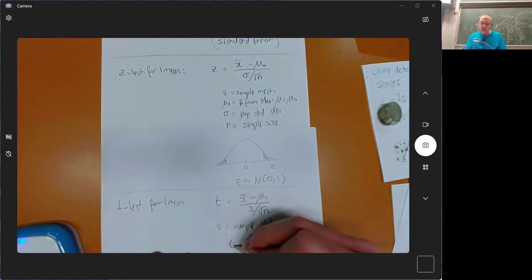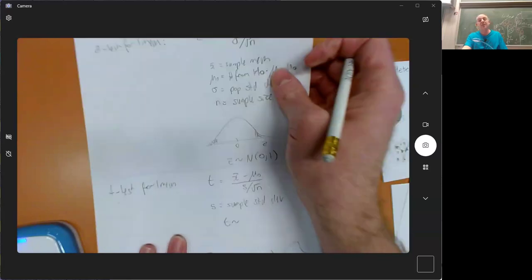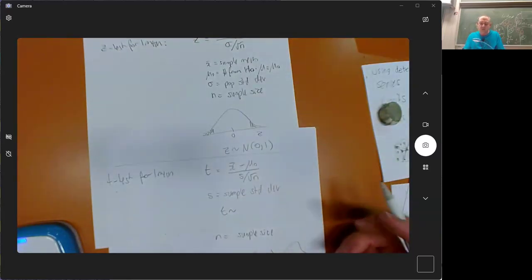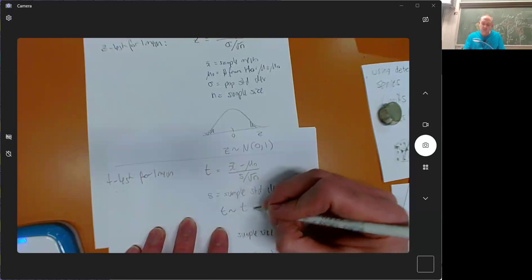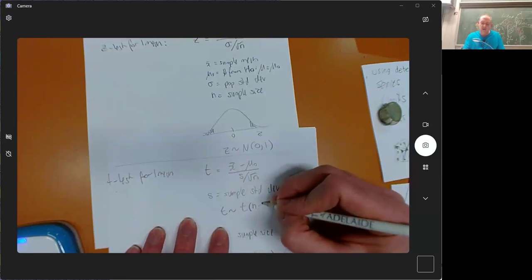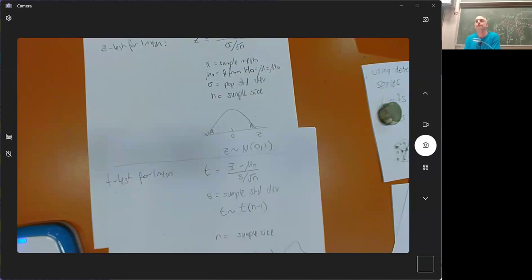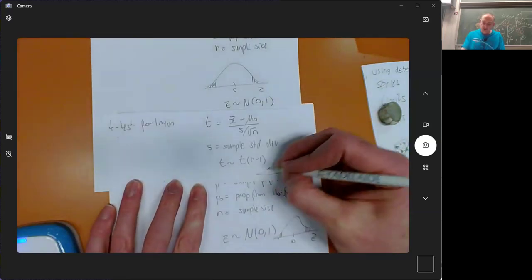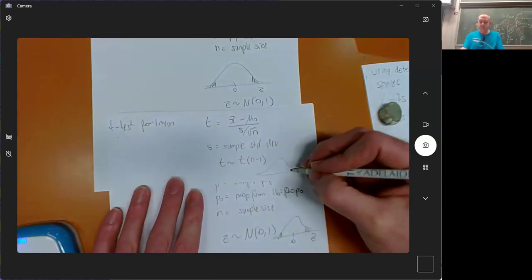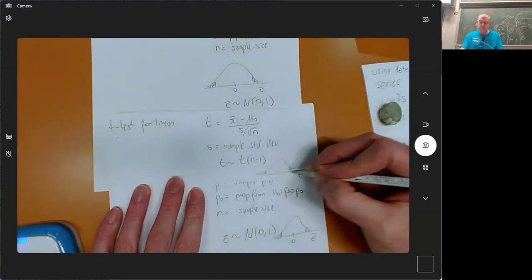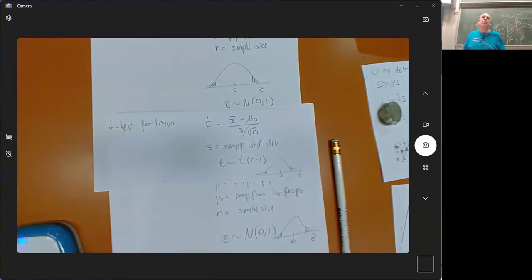And what T comes from is not a Z distribution, but a T distribution. That's why we've called it T. And it's the T distribution with n minus 1 degrees of freedom. Degrees of freedom is a silly phrase, but we're stuck with it now. To the naked eye, it still looks exactly the same. But to the computer, the probabilities are different depending on what n is.